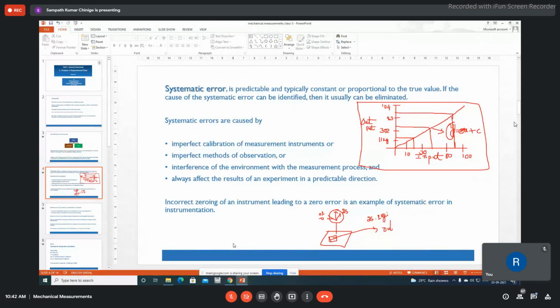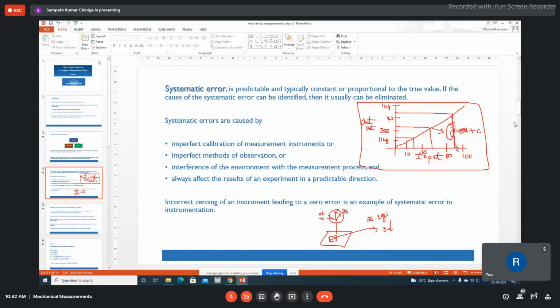Now, systematic errors, as I told you, how do you find out the systematic errors? Suppose you have 10 kg of input and the instrument has given 11 kg. The second one, suppose you have given 30 and it showed 32 kg. Then you put 80 kg, it gave 83 kg.